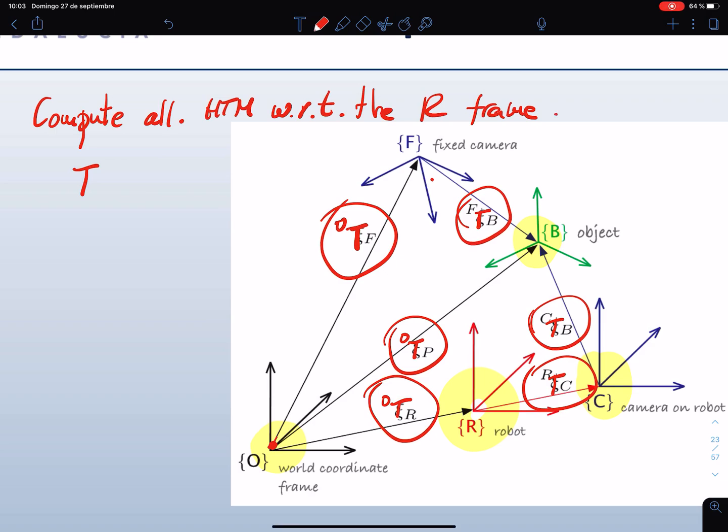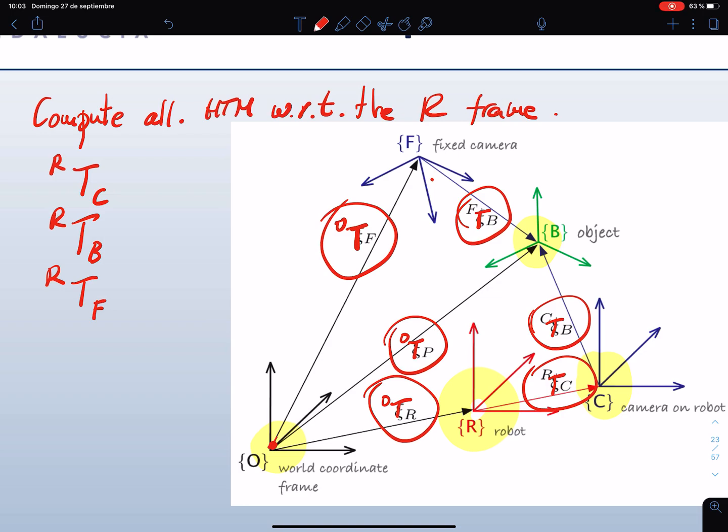Okay, so we are being requested to compute the transformation from C to R. Then we are requested to compute the transformation from B to R. Then the transformation from F to R. Okay, so that's how we would express the coordinates.